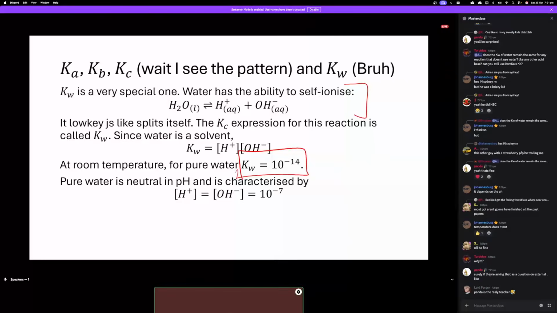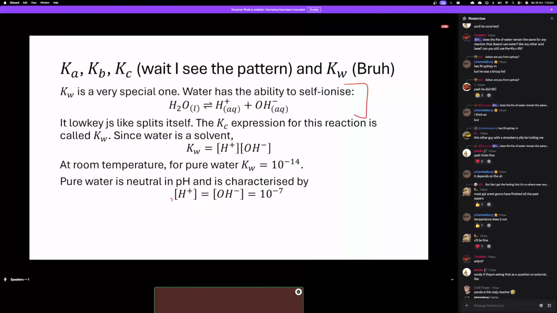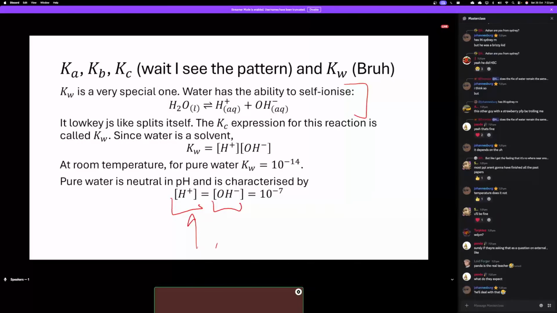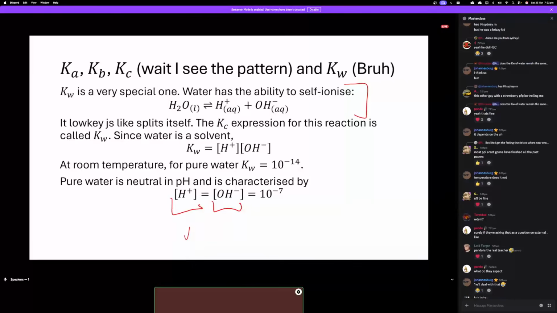Kw is this. Pure water is neutral in pH. An important characteristic is that the concentration of H plus is equal to the concentration of OH minus. If this is true, then the solution is neutral, right? If this is true, then it's pure water. It is just equal to this.